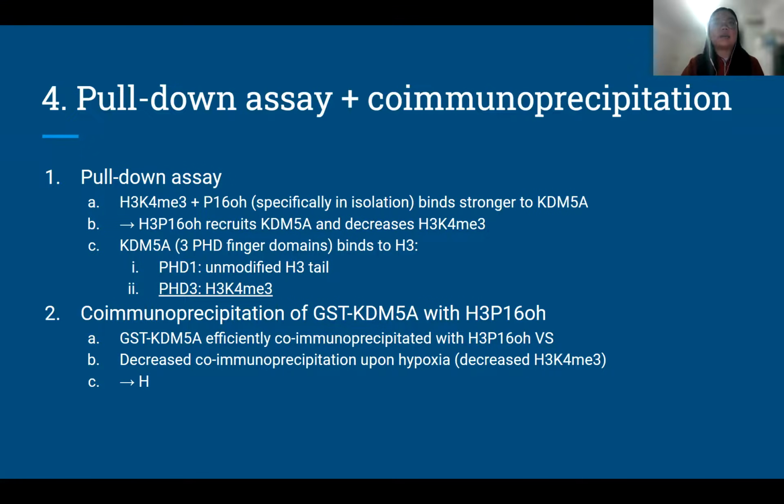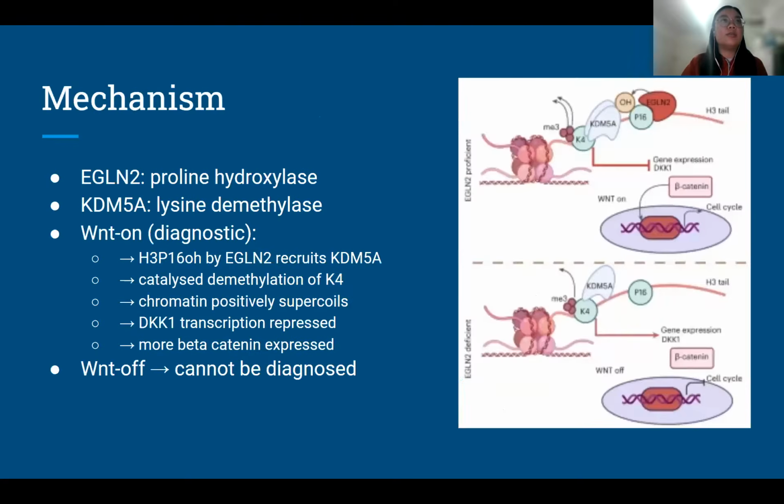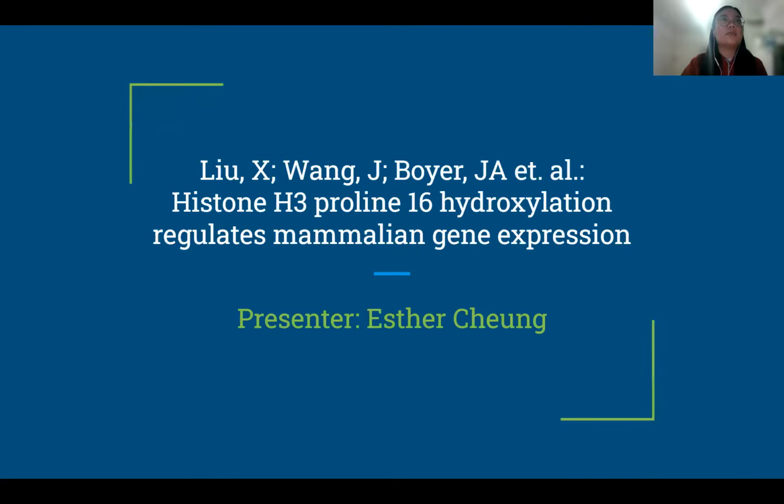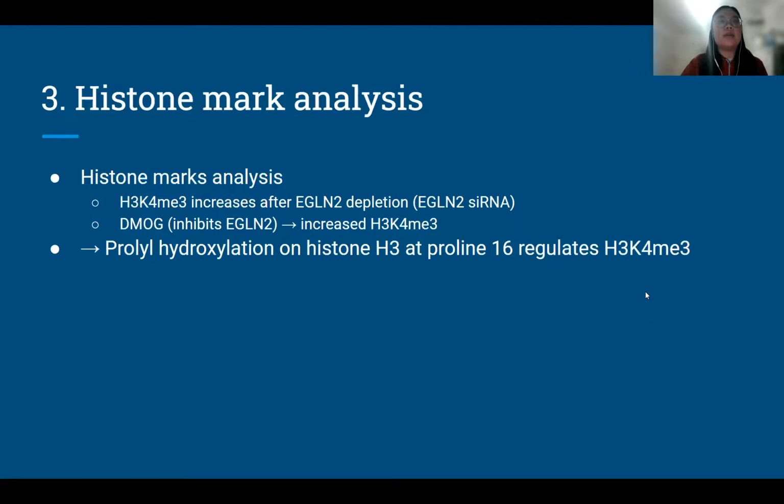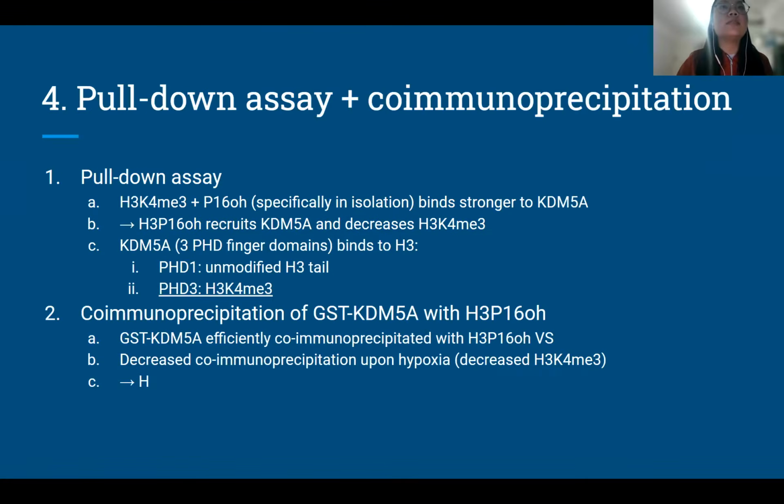But then if there's hypoxia, it would help if I go back to the slides. Yep, here. So you might recall that hypoxia will deactivate EGLN, and deactivating EGLN means that H3P16OH is not hydroxylated, and then if it is not hydroxylated, it will decrease the trimethylation rates of the lysine 4 residue.